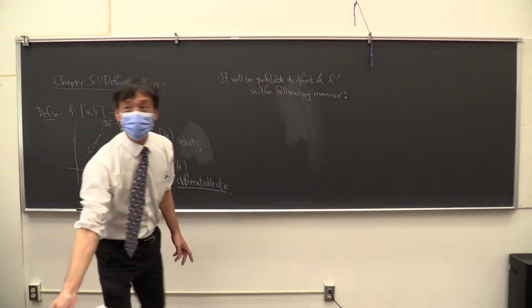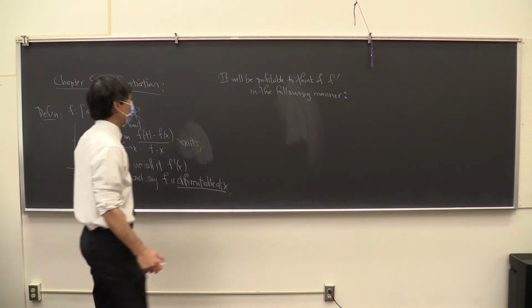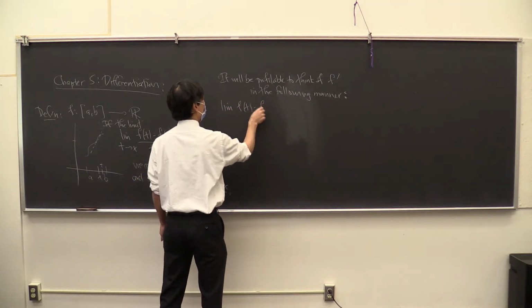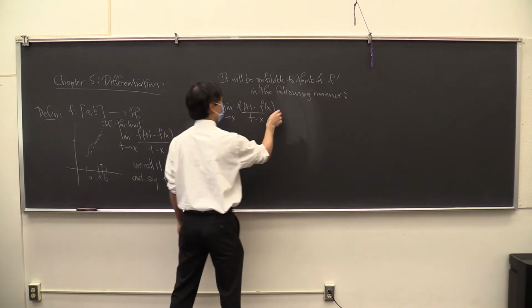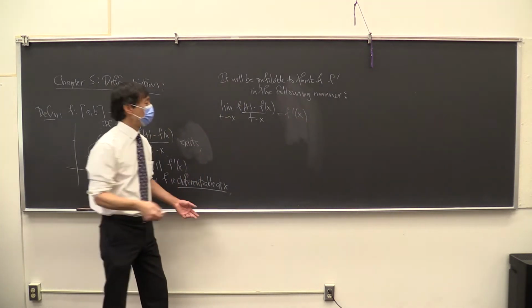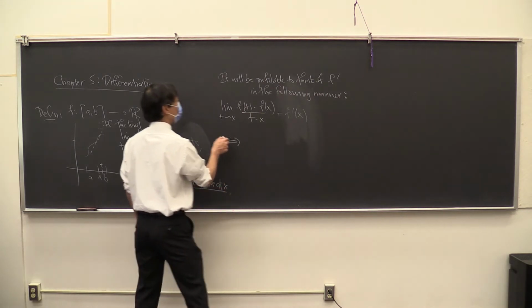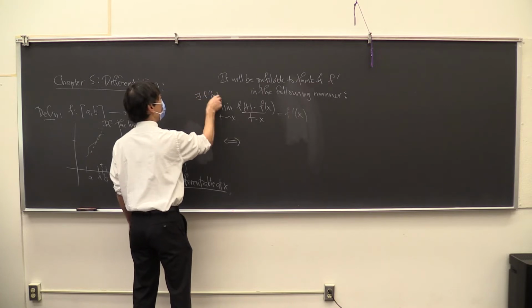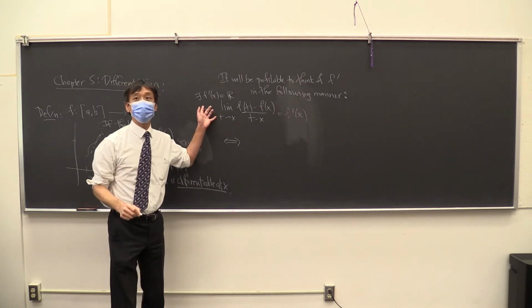Okay, so I'm going to take this definition that you know, and I'm going to change it just a little bit. So if I say that the limit of f of t minus f of x over x minus t as t approaches x equals some value, then I might as well say that there's some number f prime of x such that this is true.